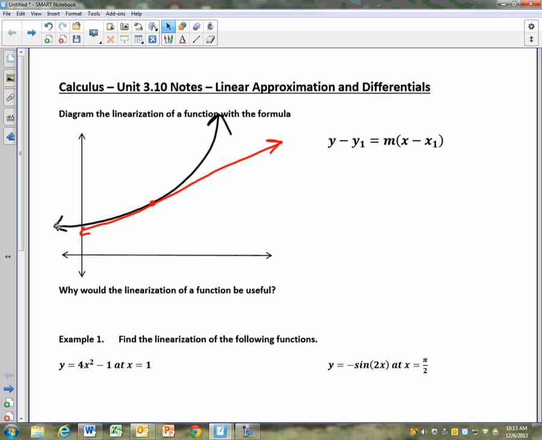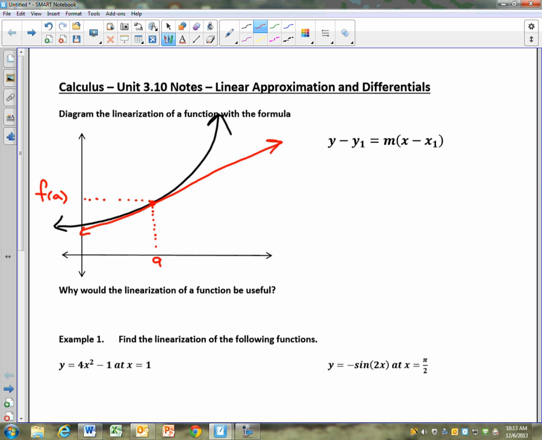Okay, so what have I drawn so far? Tangent line. We are going to call these points a few different things. We're going to call this A. What would that make this spot here?